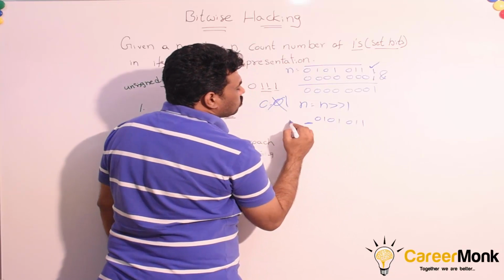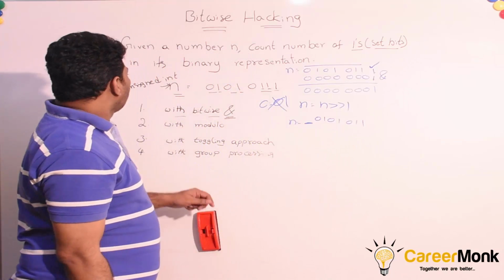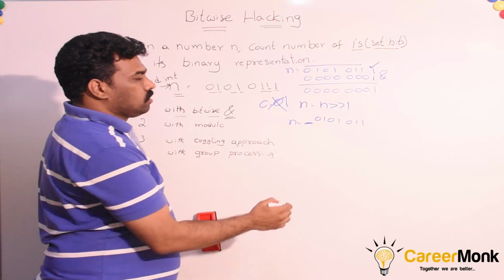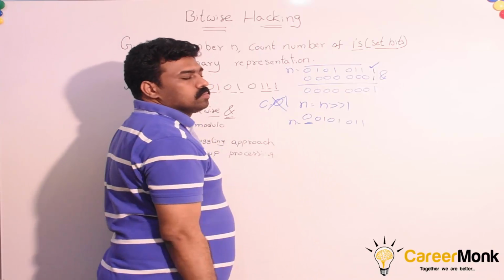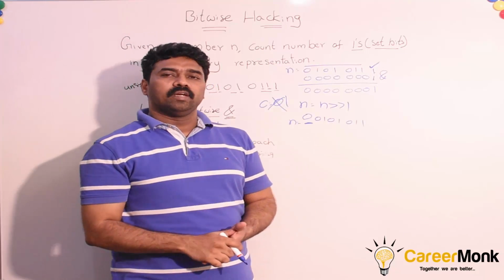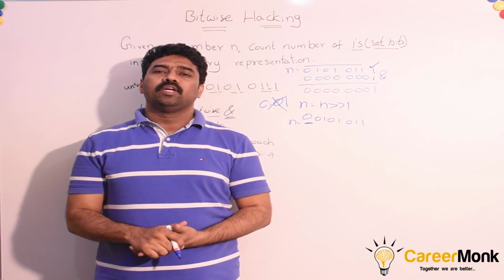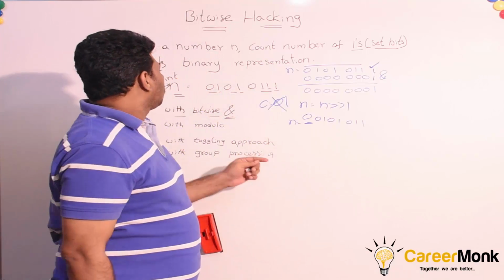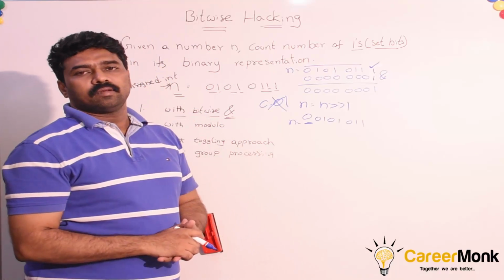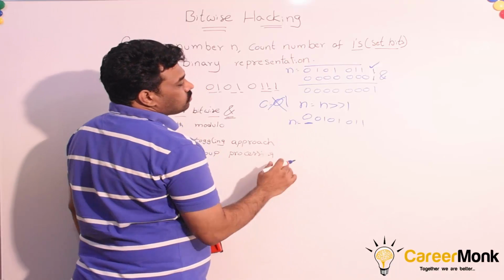What should be this new value? Since we assume the given number is an unsigned integer, we will add 0 here. If it is a signed number in 2's complement representation, we need to be a little careful. For simplicity, we assume unsigned, that's why we are adding 0.